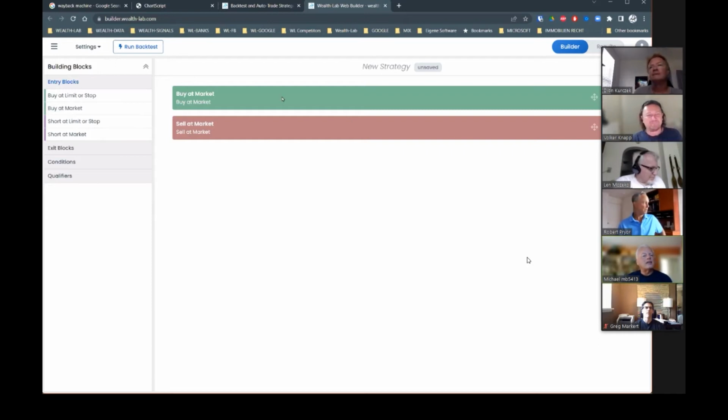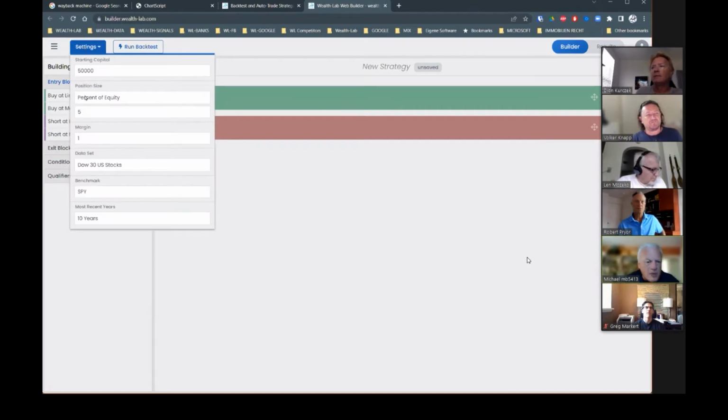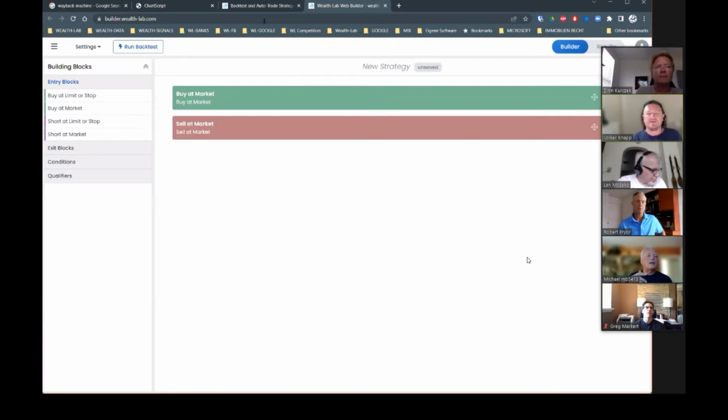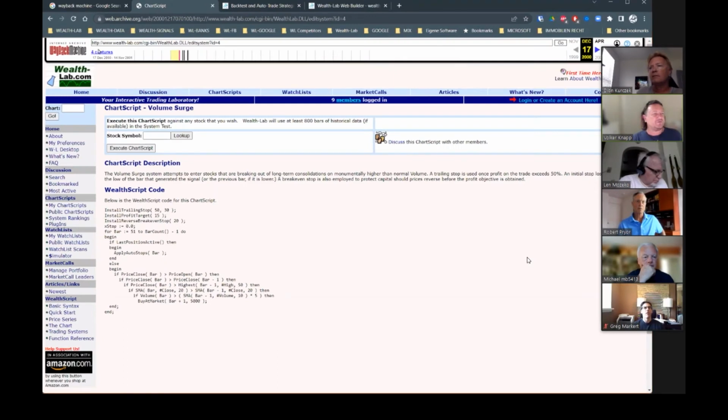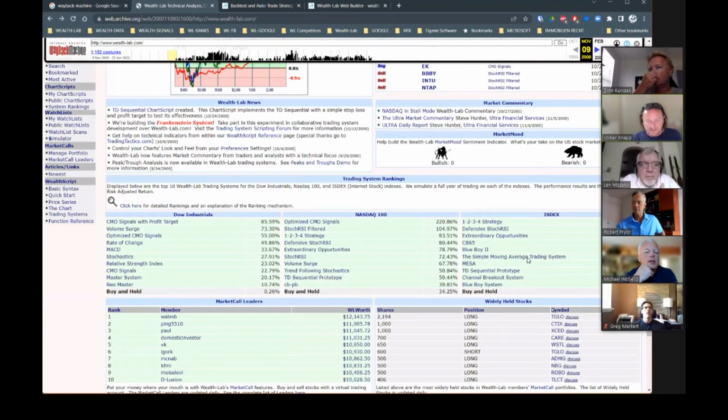How do you select the data set to run in this environment? Here, it's pretty limited, right? Well, it was actually limited way back then. I think we had it limited to the Dow 30, the NASDAQ 100, and the ISDX. No, actually, here you were able to create your own kind of data set.